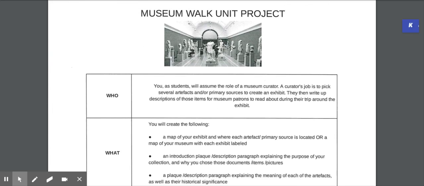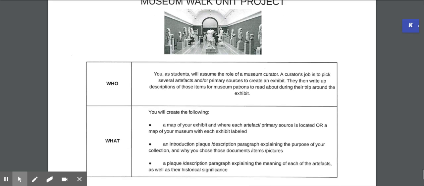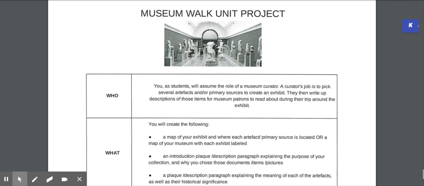For our museum walk unit project, you guys have access to an example that is on Google Classroom. And the idea behind this project is that you are creating a museum or an exhibit that highlights primary sources from the era of 1200 to 1450.